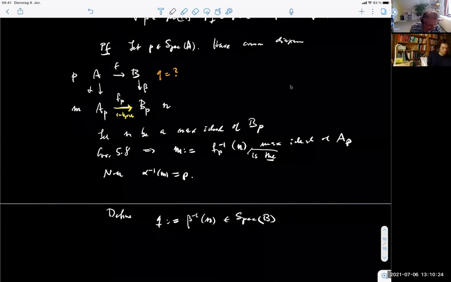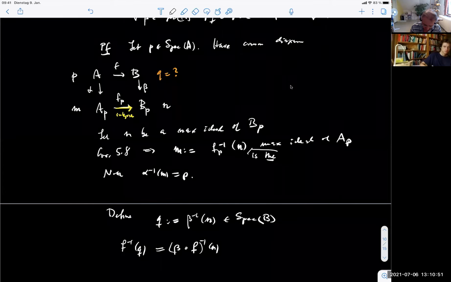So let me write it down formally. F to the minus 1 of Q. Really formally, F is the composition of, okay. Sorry. So I can write it this way.